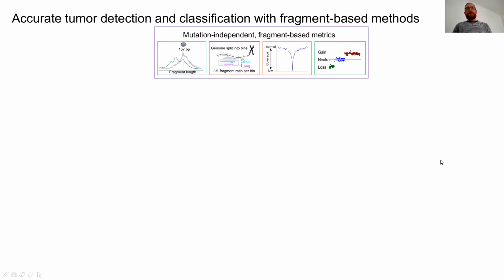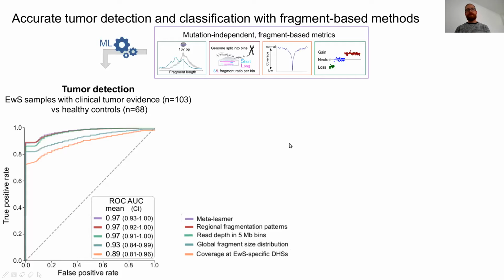Finally, we took our LIQUORICE measurements and integrated them with other mutation-independent fragment-based metrics that I unfortunately don't have time to go into. And we use these as features to train machine learning classifiers to distinguish Ewing sarcoma samples from healthy controls. And as you can see here in these receiver operator curves, these metrics perform quite well in distinguishing the samples, with the best feature reaching an area under the receiver operator curve of up to 0.97.